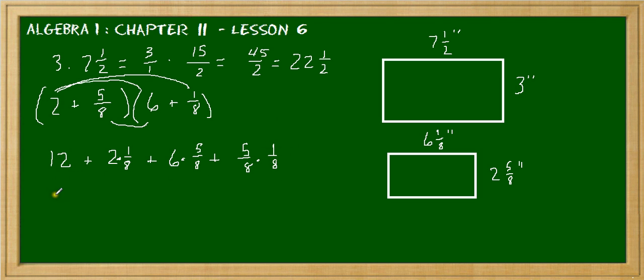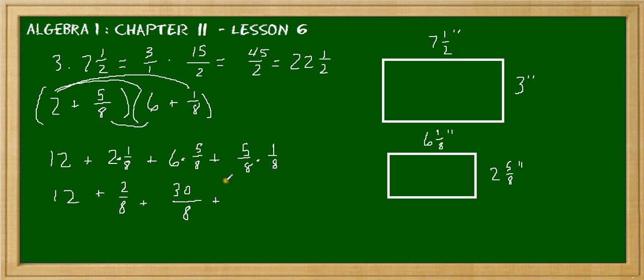So let's do our math here. We'll end up with 12 plus, well, what do I have here? I have 2 8s. 2 times 1/8 is going to give me 2 8s. Plus, I'm going to end up with 6 times 5, which is 30 over 8.